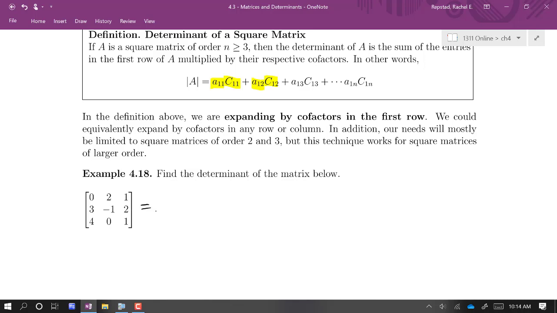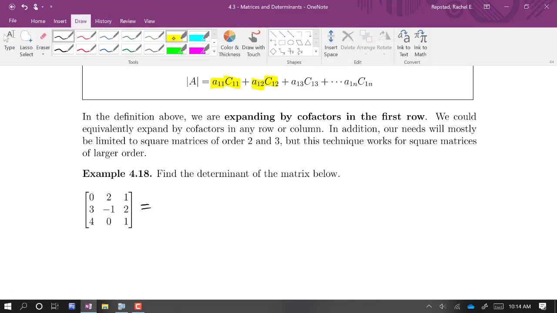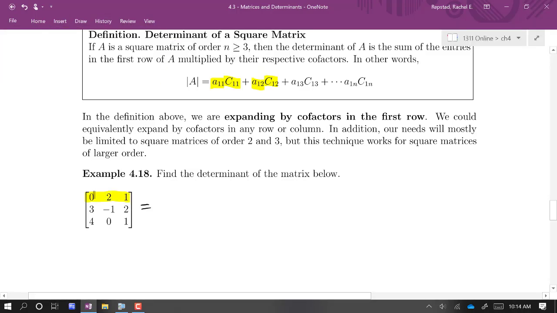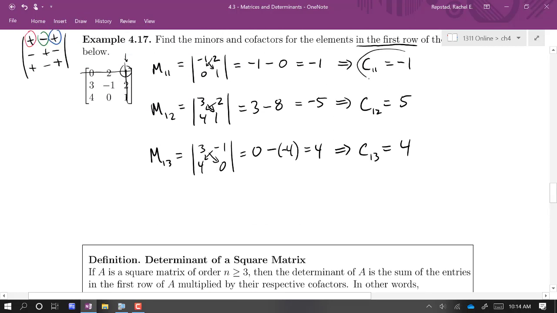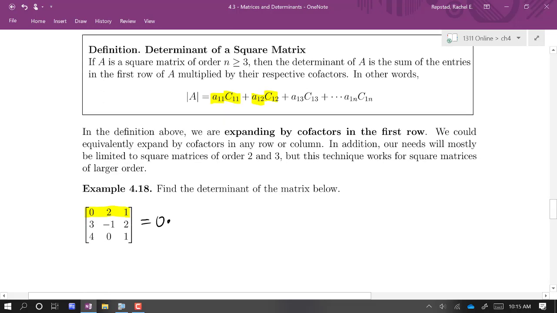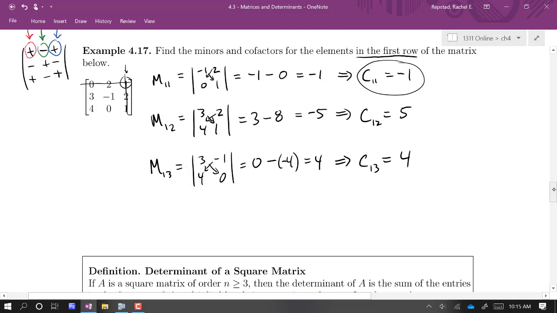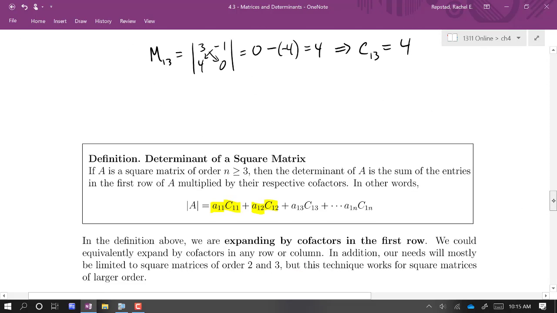So if we expand on the first row, those are the ones we found the cofactors for. This says I'm going to take the first row entry, 0, times its cofactor. That cofactor was -1. Plus the next entry is 2 times its cofactor, which is 5.